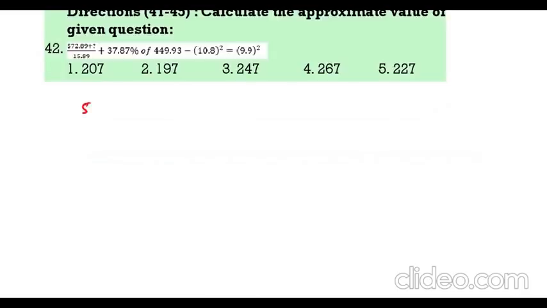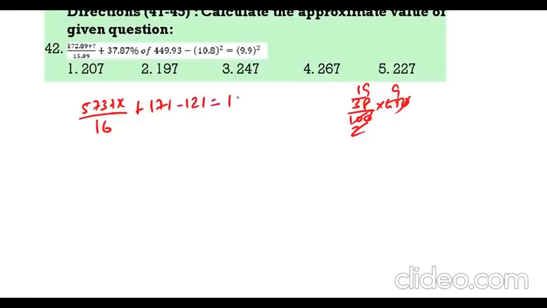573 plus x by 16 plus 38% of 450. 38% of 450: 171. 171 minus 11 square, 121 is equal to 100. So 171 minus 121 is 50.